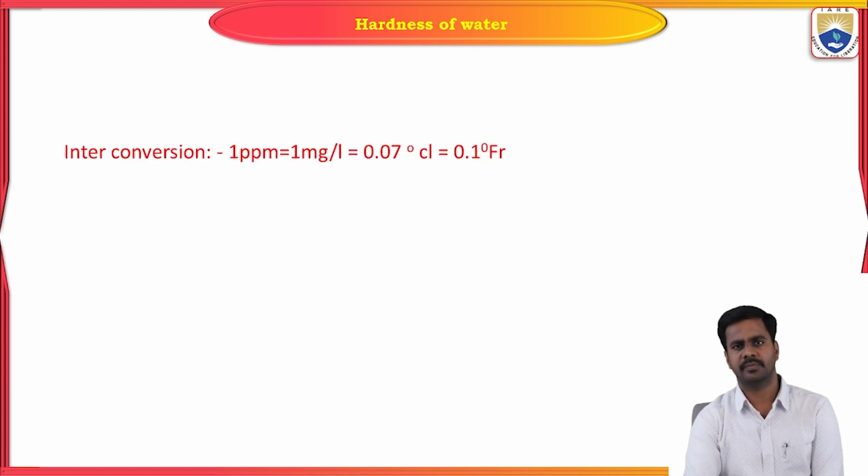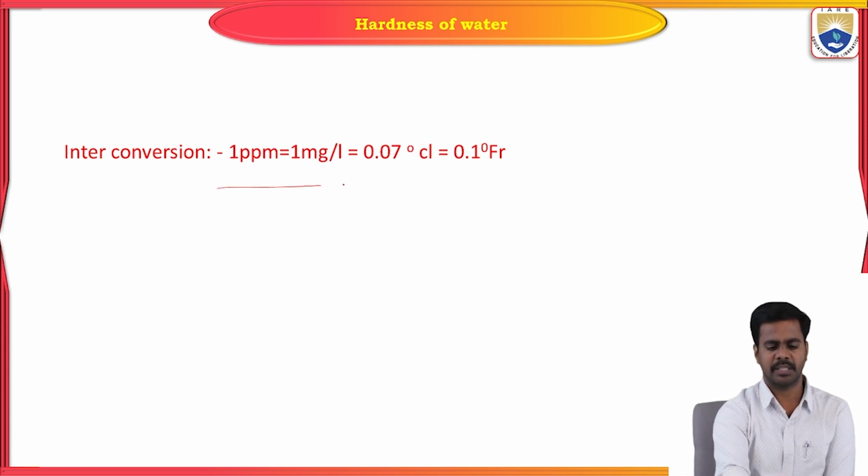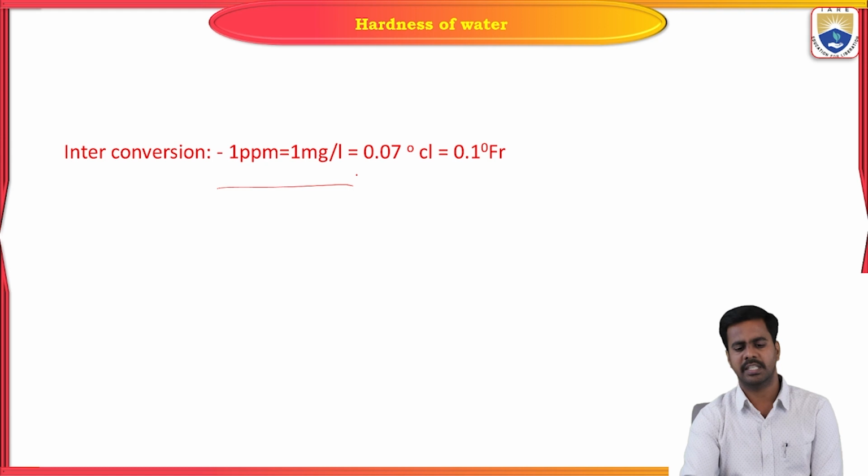So here are the interconversions of units of hardness. That is, 1 ppm is equal to 1 milligram per liter, that is equal to 0.07 degrees of Clark, that is equal to 0.1 degrees of French.